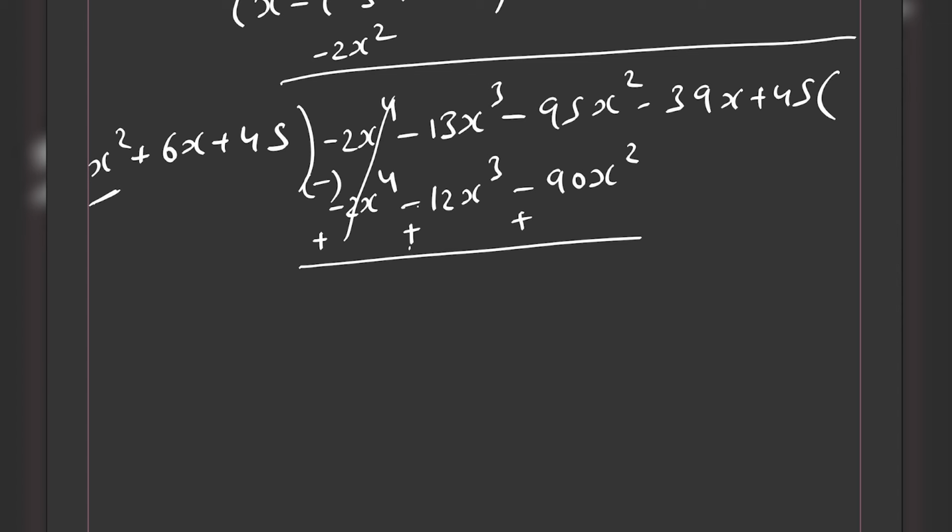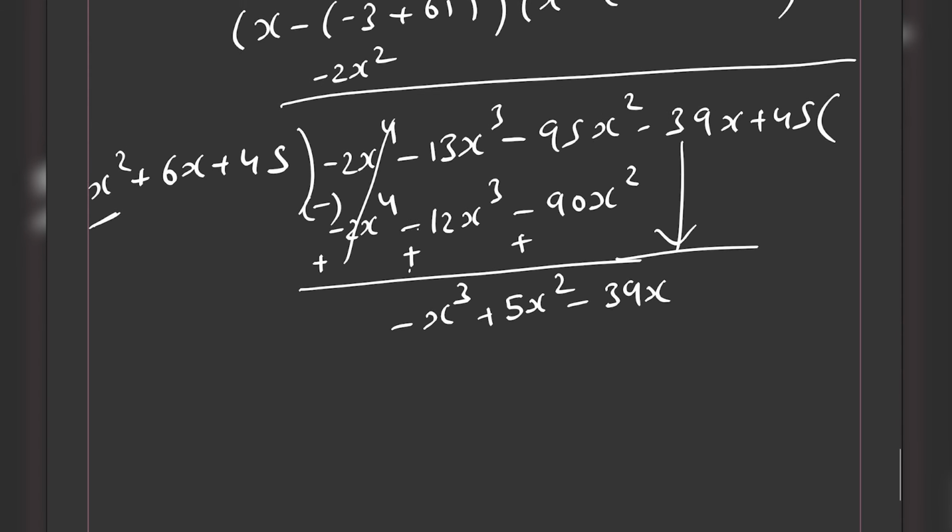Okay, minus 2x power 4 plus 2x power 4 cancels. Minus 13x cube plus 12x cube is minus x cube. Minus 95x square plus 90x square, and we will drop down this minus 39x for our next step.